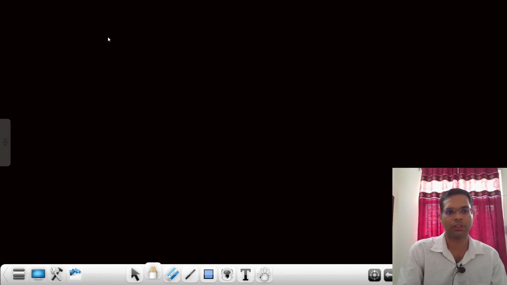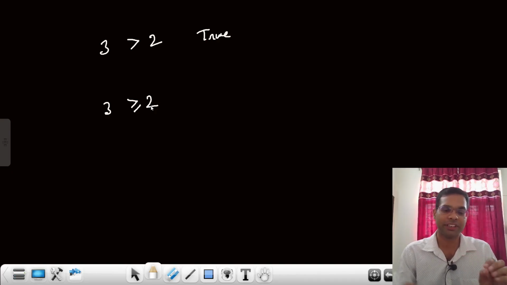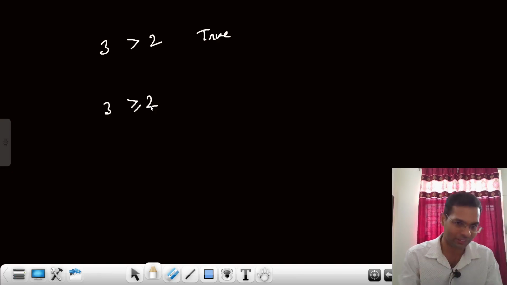For example, 3 is greater than 2, true. Now 3 greater than equal to 2: 3 is greater than 2 but not equal to 2. There is an 'or' condition. Either it is equal to 2 or greater than 2. If either of these two conditions is satisfied, we say true.